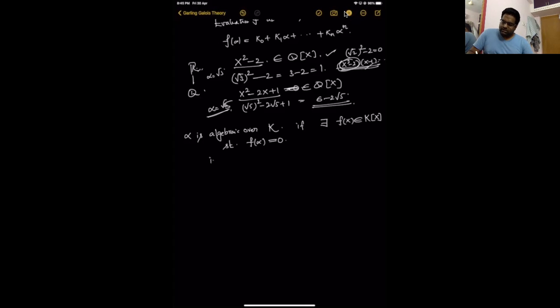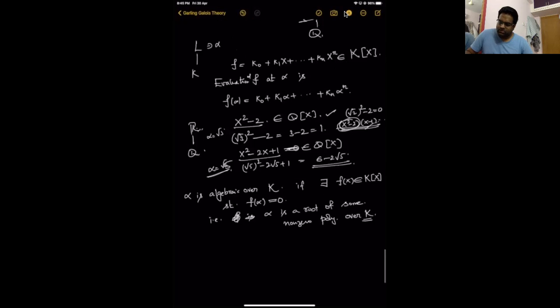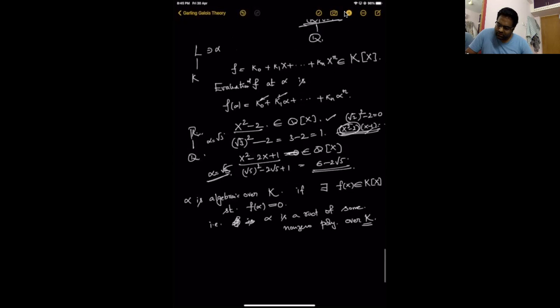That means alpha is the root of some non-zero polynomial over K. Whenever a polynomial has coefficients in K, these are called the coefficients, and this is my indeterminate x.